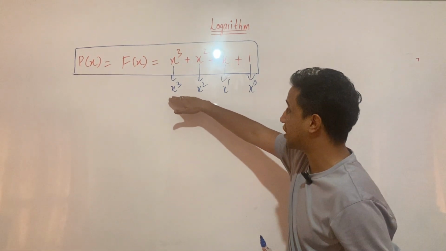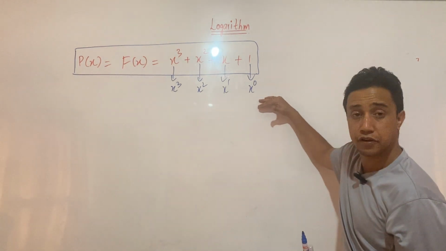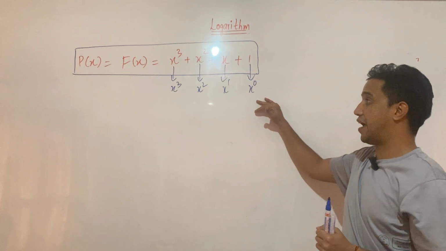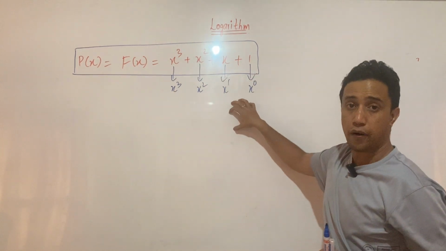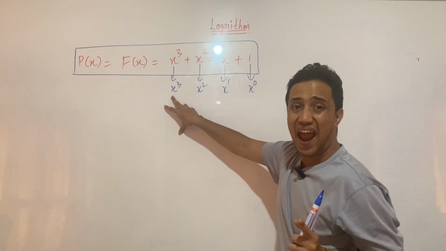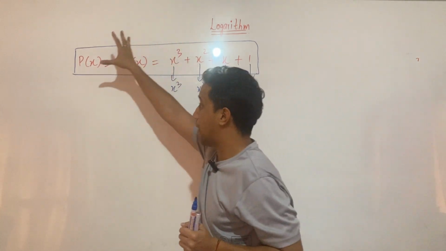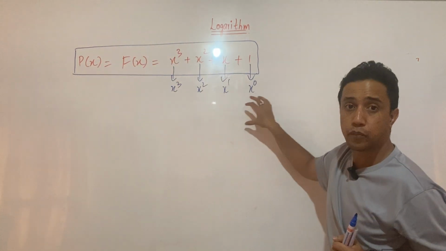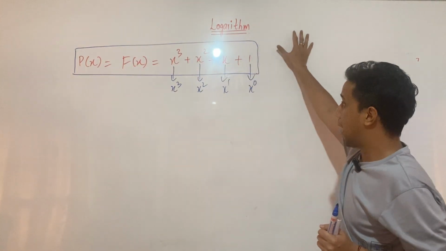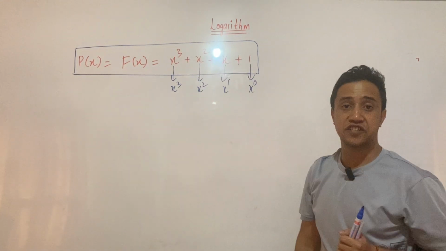When they look at these individual terms of the polynomial function or the algebraic function, they say that these terms are exponent functions, or that this whole function is the grouping of these exponent functions.